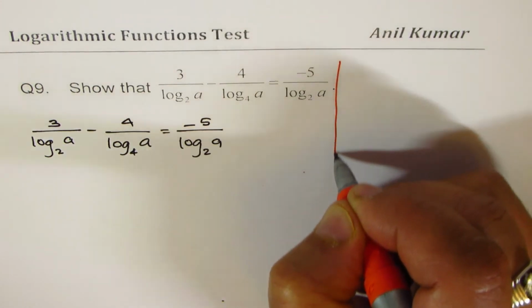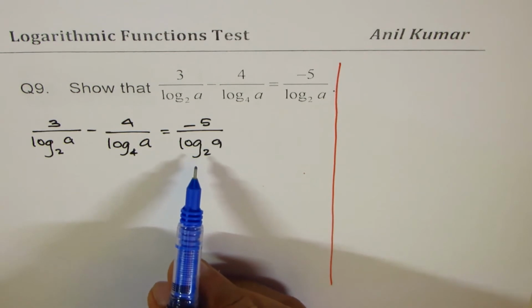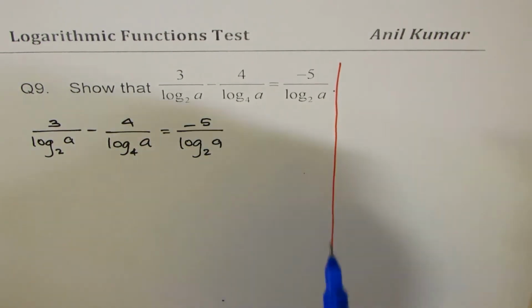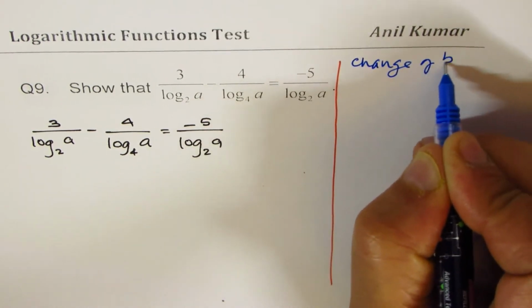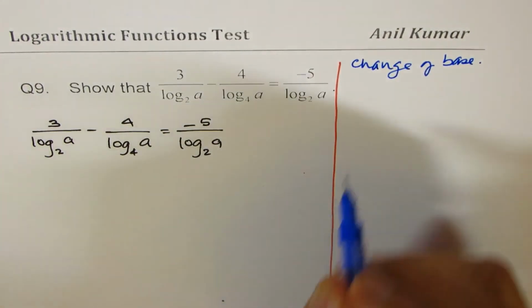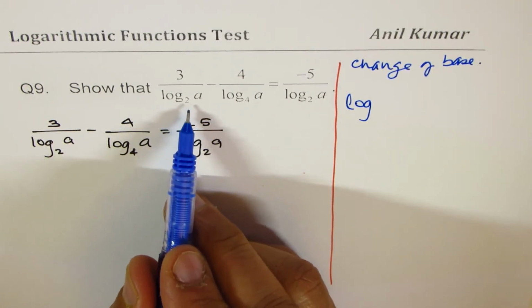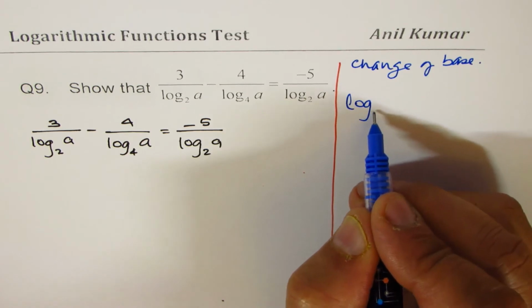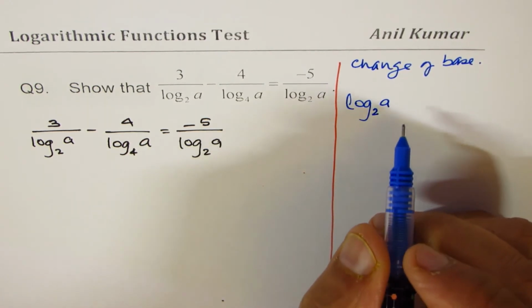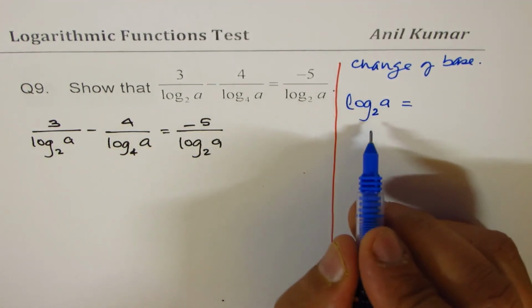Now here I'll remind you of the change of base formula. Let's get back to the change of base formula. So if I have, let's say, log 2 of a, and I change the base to a, then what happens?